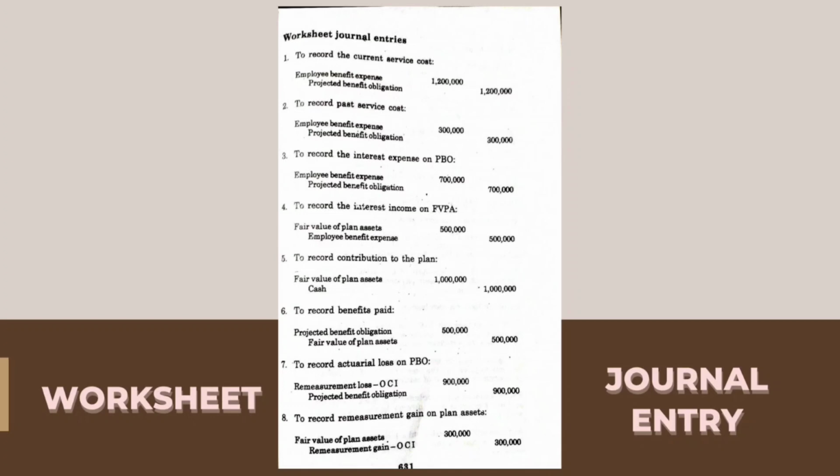To record benefit paid, projected benefit obligation, which is 500,000, and the fair value of plan asset credit 500,000. To record actuarial loss on PBO, remeasurement loss debit 900,000, credit projected benefit obligation, which is 900,000. To record remeasurement gain on plan asset, debit fair value of plan asset, which is 300,000, remeasurement gain, which is 300,000.